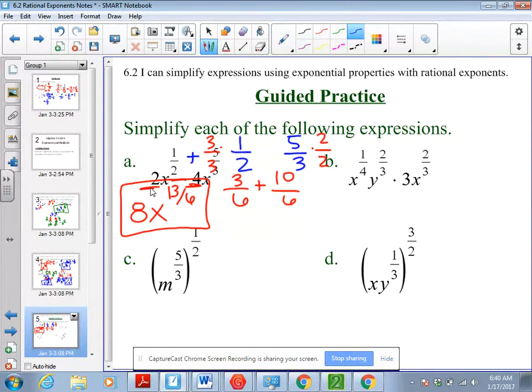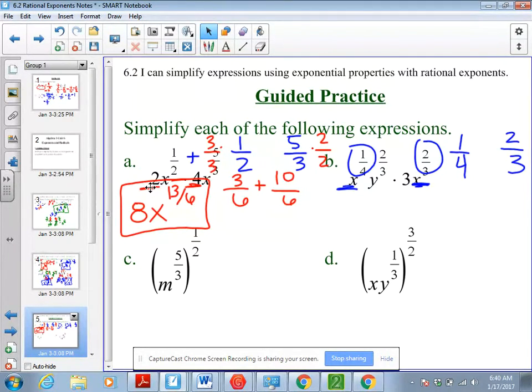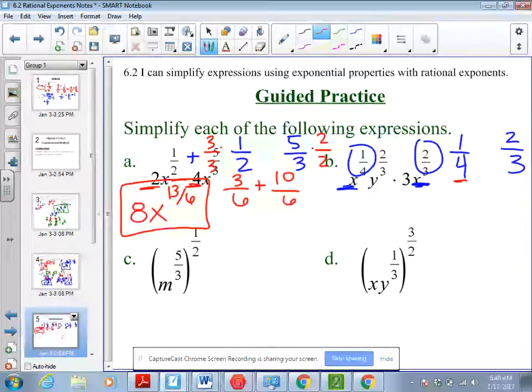Let's look at example B. I'm going to combine my x's, but they do not have a common denominator, so I'm going to take these exponents over here and do a little manipulation. I've got 1 over 4 and 2 over 3. I could multiply this fraction by 3 and this fraction by 4. Then I could have a denominator of 12.